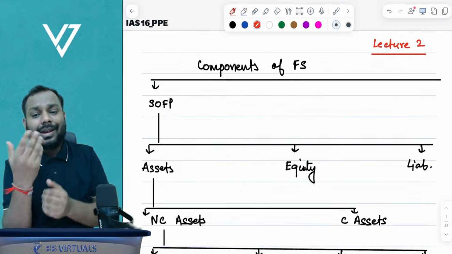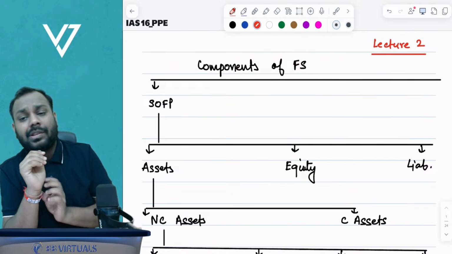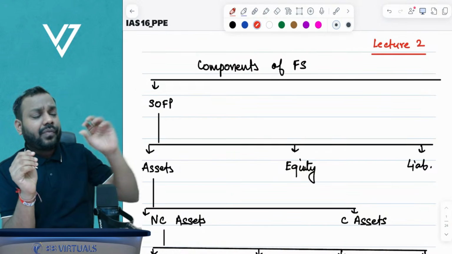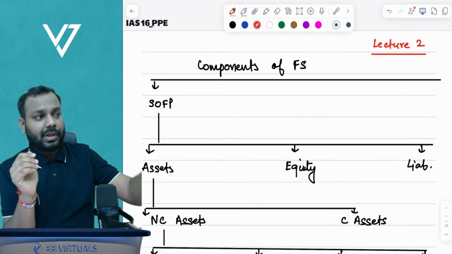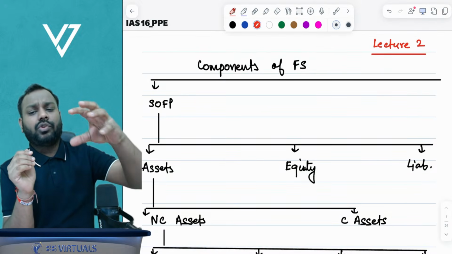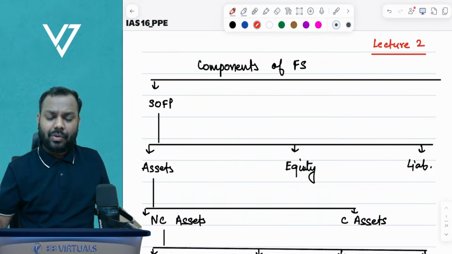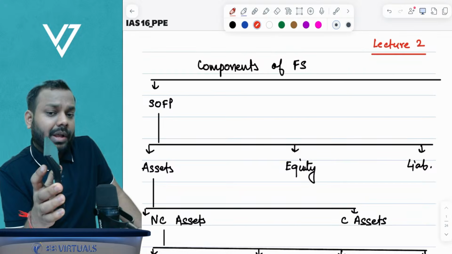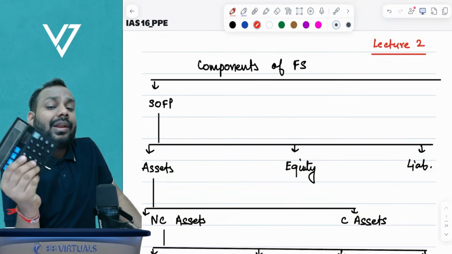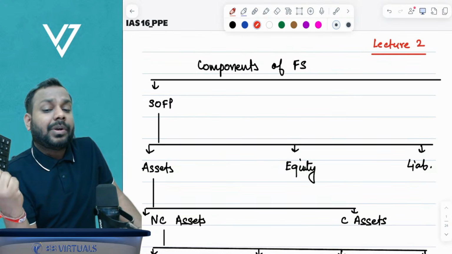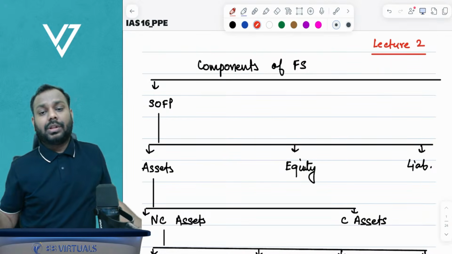Now moving on to the next topic, that is the recognition principle. What is the meaning of recognition principle? If an item qualifies to be property, plant and equipment, let's suppose this calculator is property, plant and equipment, now comes the question whether we will recognize it in the financial statements or not. There are two conditions.